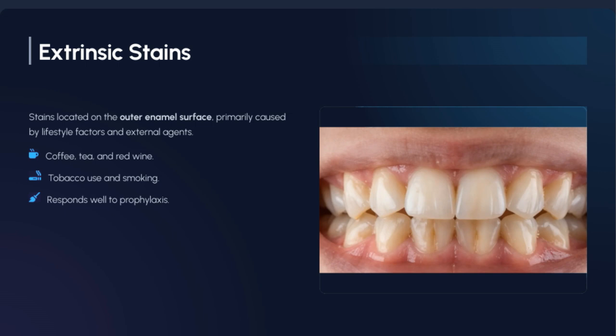When we talk about extrinsic stains, we're referring to those surface stains caused by external agents, things we consume or habits we have that affect the outer layer of our teeth. Understanding these factors helps us better advise our patients on how to prevent or manage stains, emphasizing the importance of good oral hygiene and lifestyle choices in maintaining a bright, healthy smile.